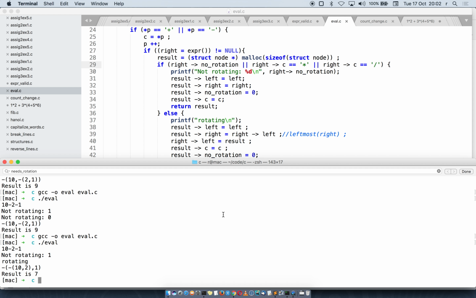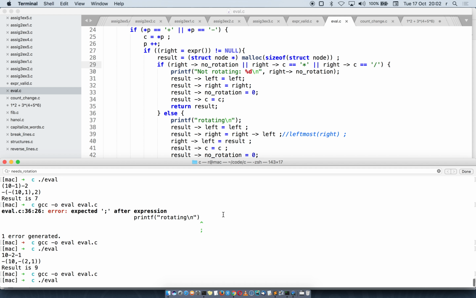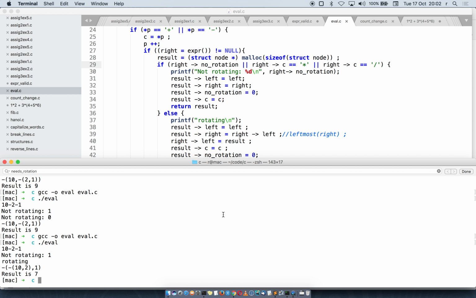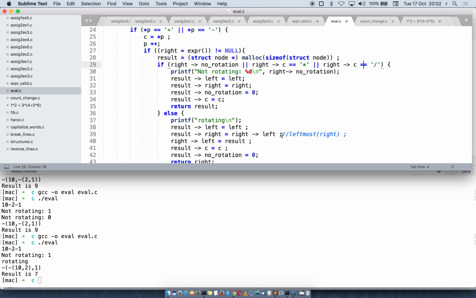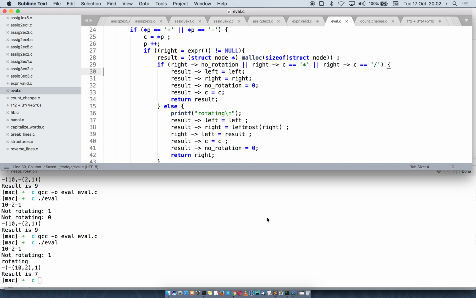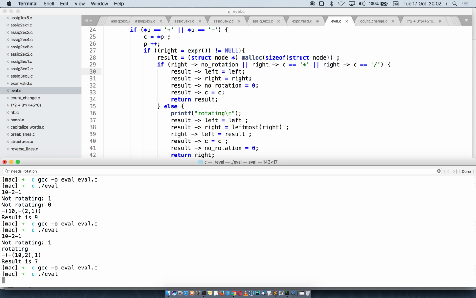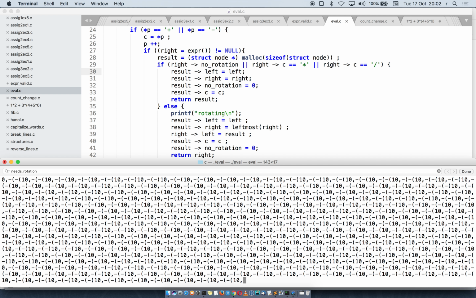What did we want to change to try, the one that had more, right? More than, so we have to go back to the leftmost. And let's get rid of this one. So 10 minus 2 minus 1.